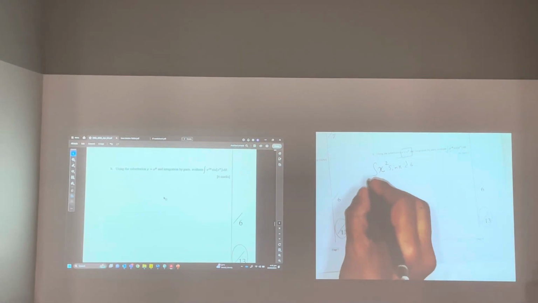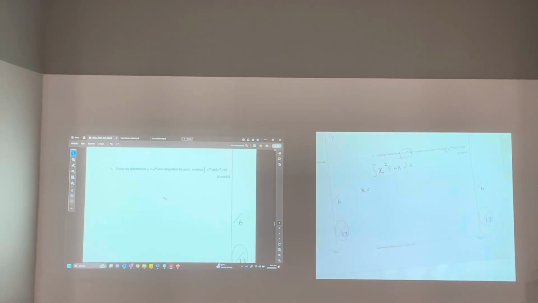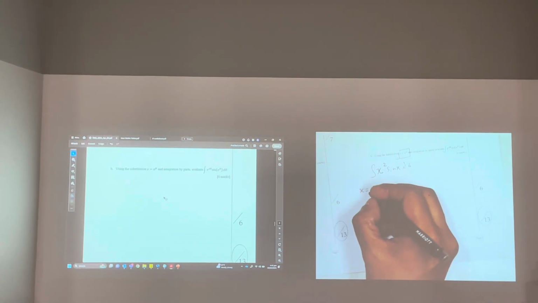Okay, so now we know x is equivalent to e^theta. Always follow this step: when they ask you to substitute, go by integration by substitution. x equivalent to e^theta.